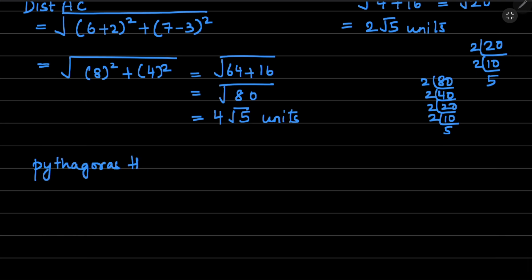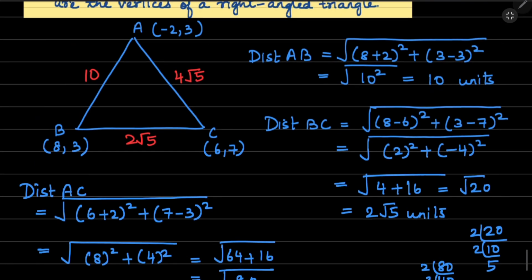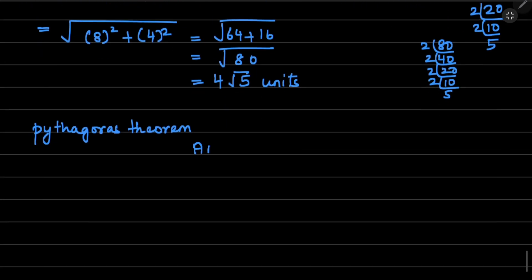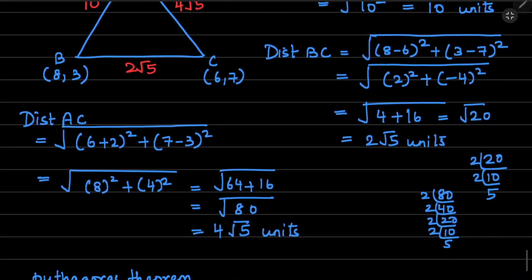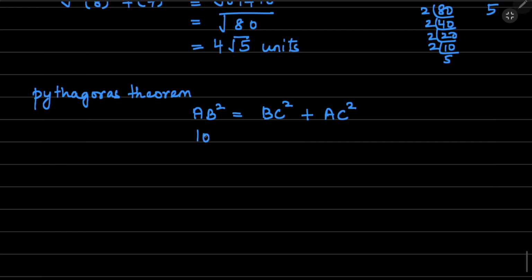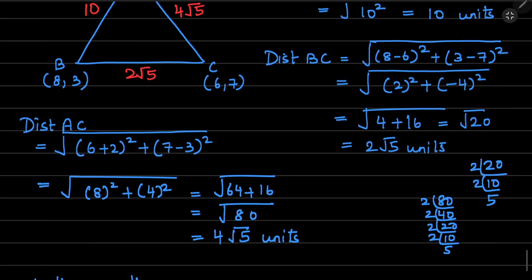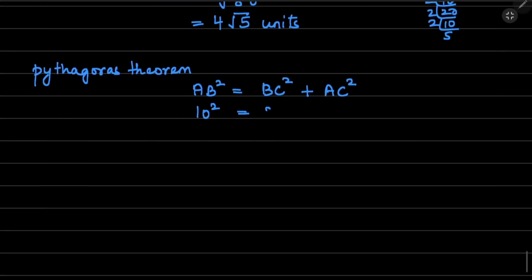So using Pythagoras theorem, let us just check if AB square is equal to BC square plus AC square. If you're able to prove that AB square equals BC square plus AC square, it means AB is the hypotenuse. What is AB? It is 10 square, equal to, what is BC? 2 root 5, the whole square, plus AC is 4 root 5, the whole square.